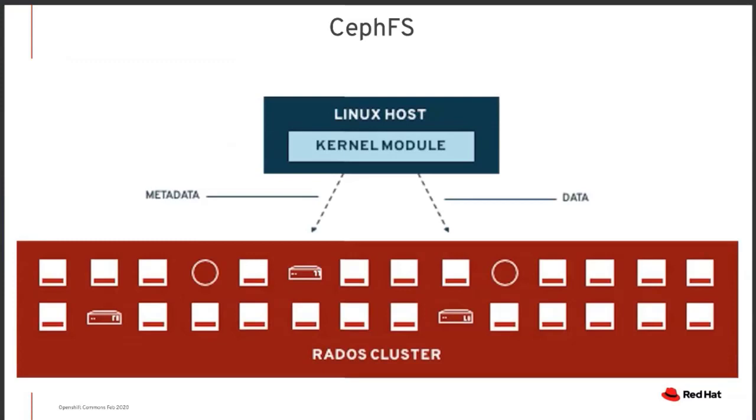The data, which is the payload from the application, the actual data, and the metadata, which is information about that data. That metadata is also stored in RADOS, so it's also replicated and so on. So it's perfectly reliable, and this is being used for the RWX functionality inside OpenShift Container Storage.